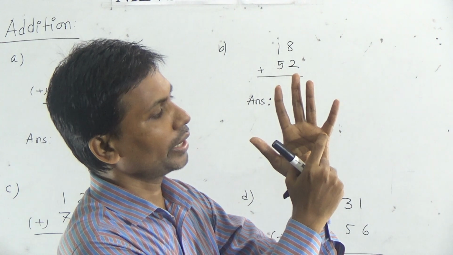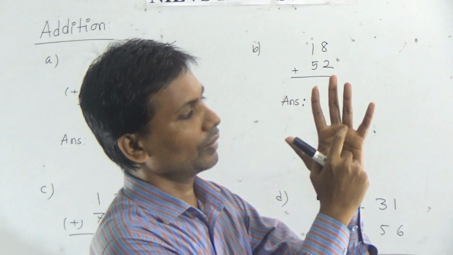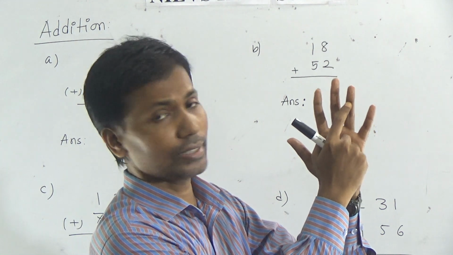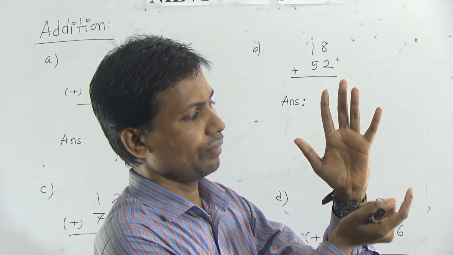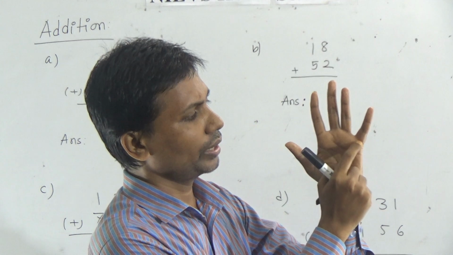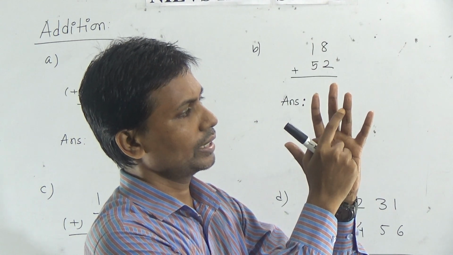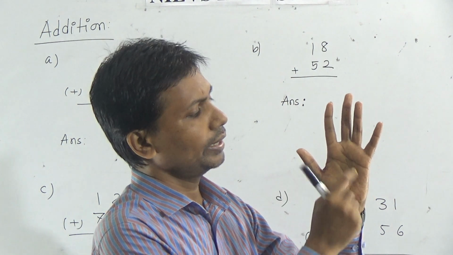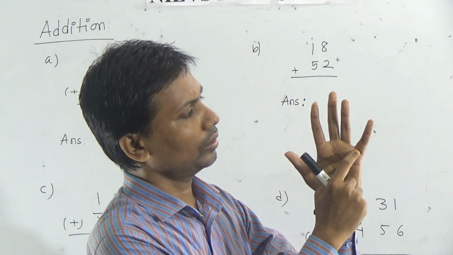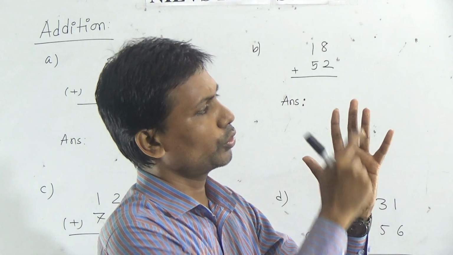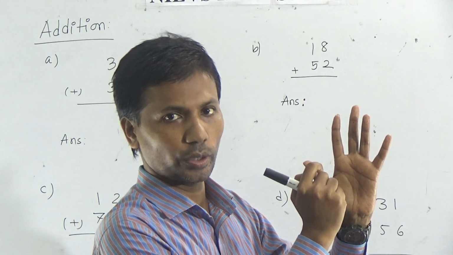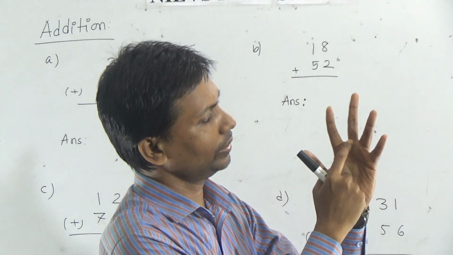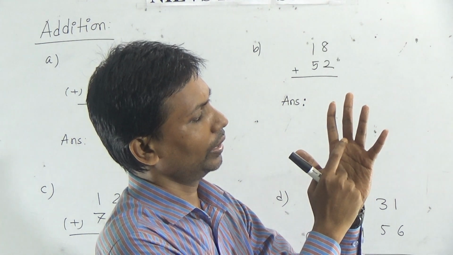From here to here, this is 7. If I say 8, where is 8? Starting from 1, from here to here, this is 8. And from here to here, this is 9.